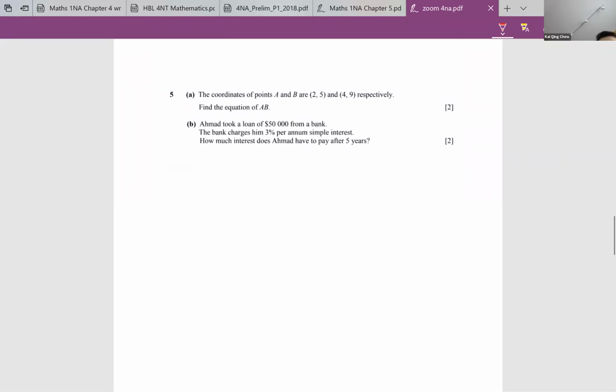Question 5. So 5A, let me identify the topic again. This is from coordinate geometry, and there are also a lot of formulas in coordinate geometry. You have how to find length: square root of (x1 minus x2) squared plus (y1 minus y2) squared.